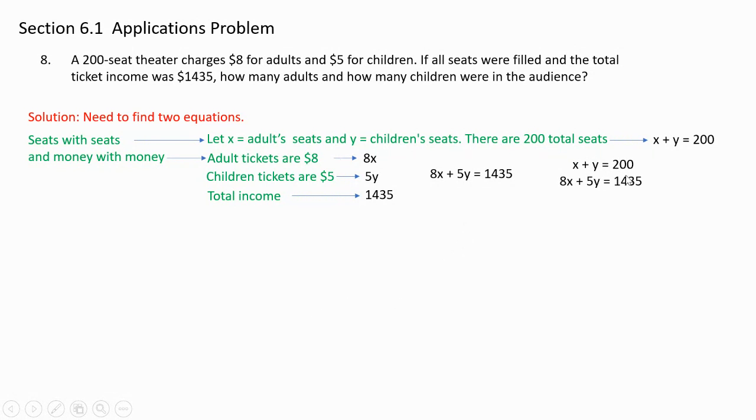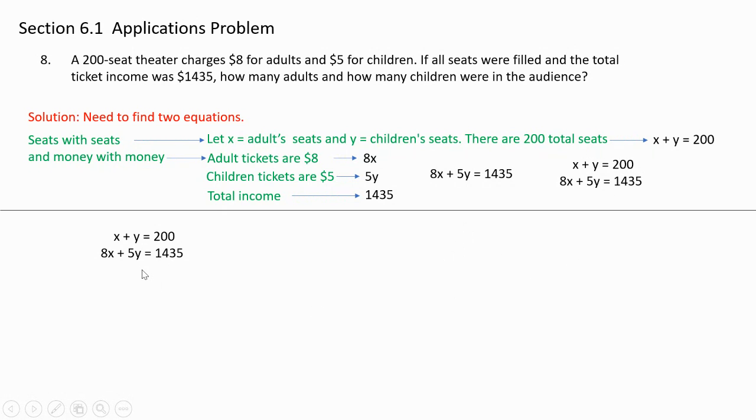Now let's put them together, equation 1 and equation 2, and solve the system by using the elimination method. Here I'm going to get rid of the x's by multiplying equation number 1 by negative 8. If I multiply negative 8 times x, negative 8 times y, and negative 8 times 200, the result is negative 8x minus 8y equals negative 1,600.